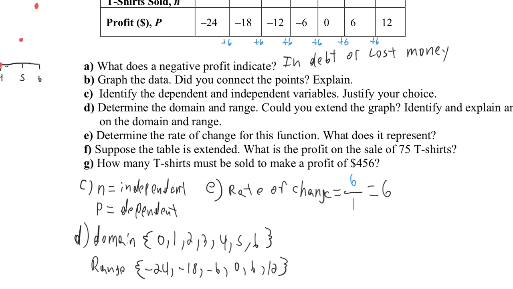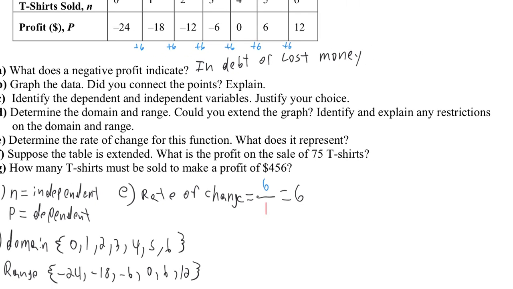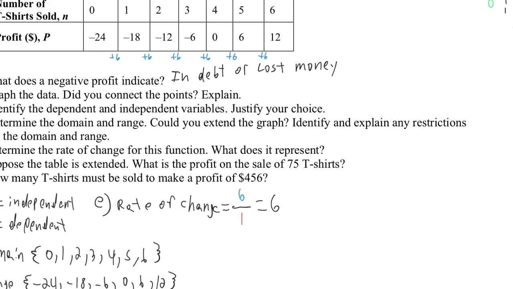Now F, suppose the table is extended, what profit would a sale of 75 t-shirts make? So now we need to put together a way of making an equation out of all this, if we can, because I don't think they're going to extend the table till we get to 75. That'd be a really long table.